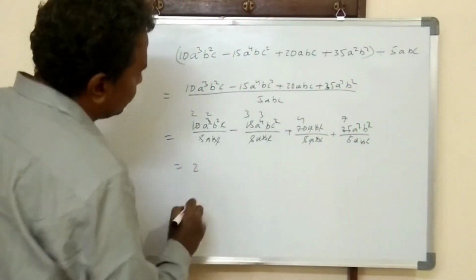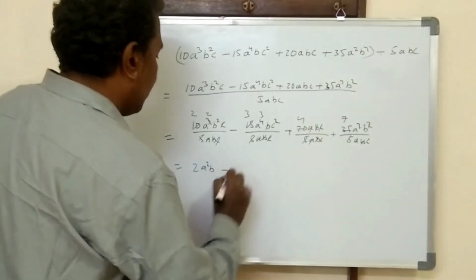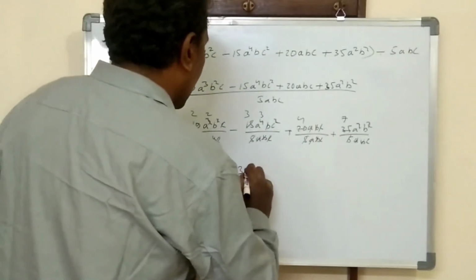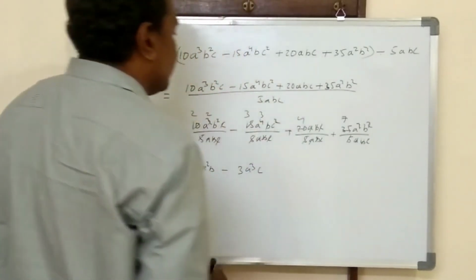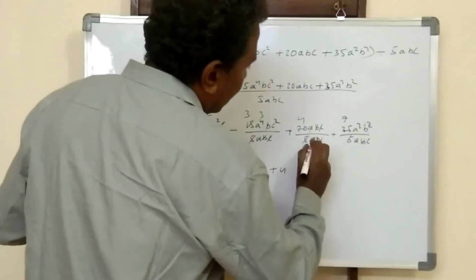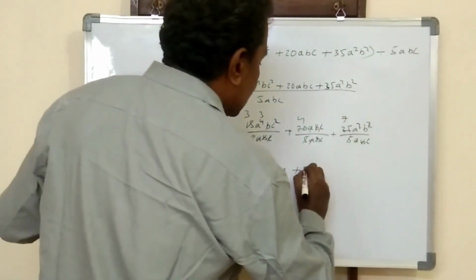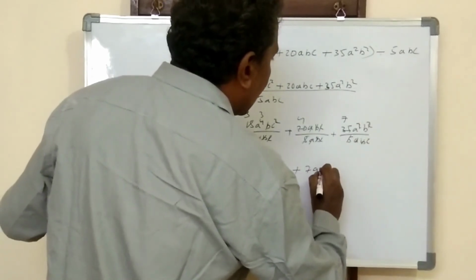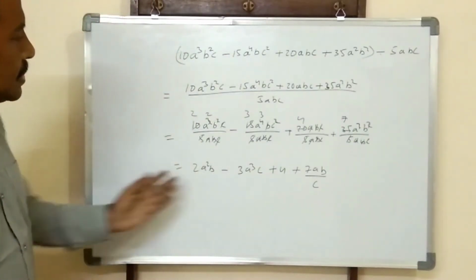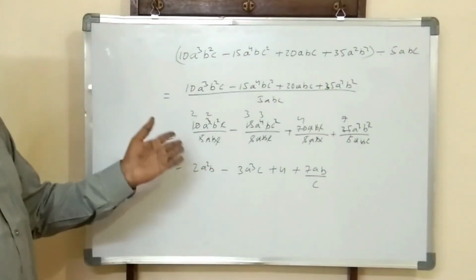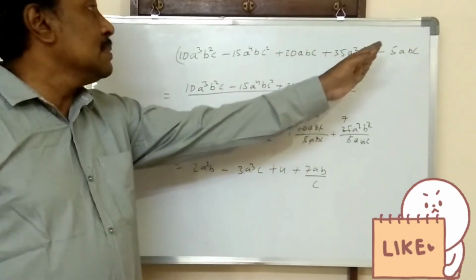So that becomes 2a square b minus 3a cube c plus 4, only 4 because all abc got cancelled, plus 7ab by c. So this is the result of the division of a polynomial containing 4 terms with a monomial.